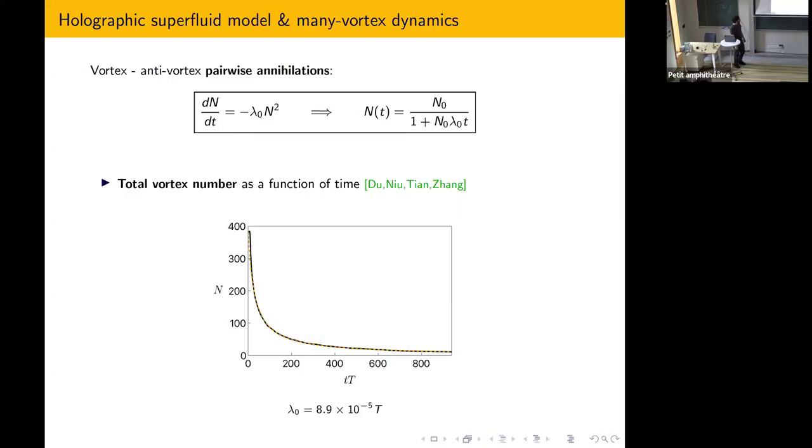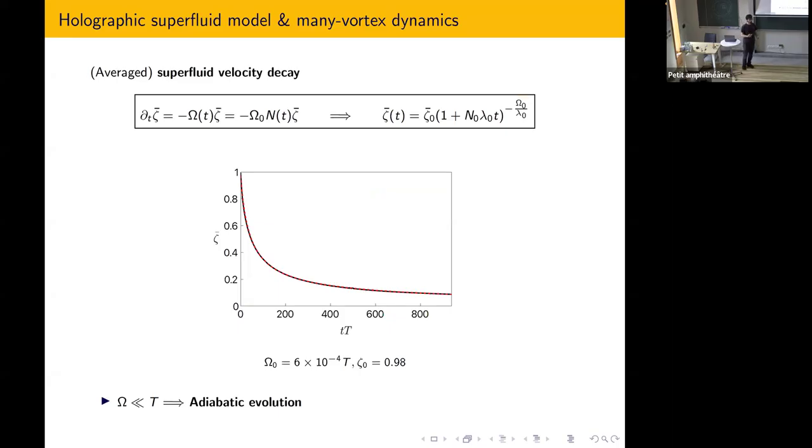Indeed, we can see numerically that this analytic behavior matches very well with the total number of vortices in our simulation. So basically, we run the simulations from having about 400 vortices down to about 20 or so.